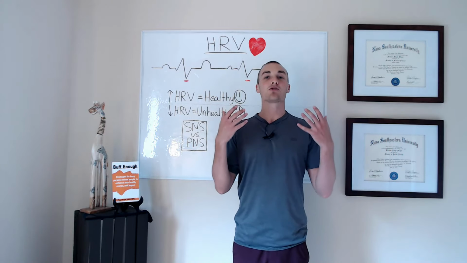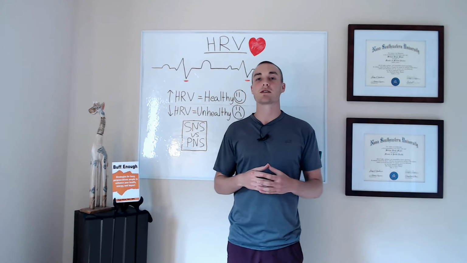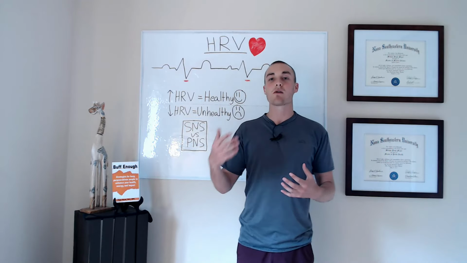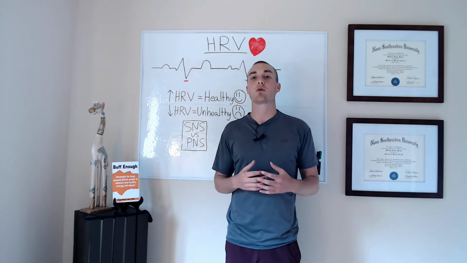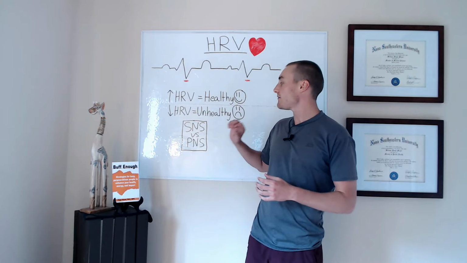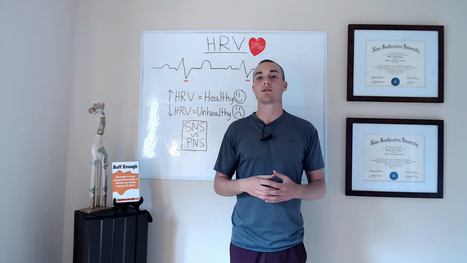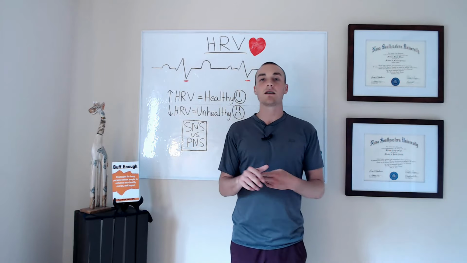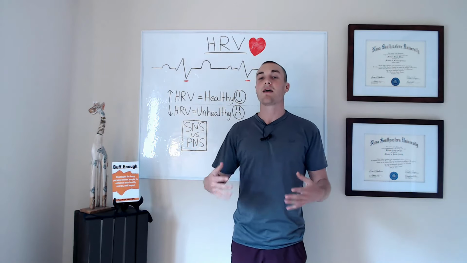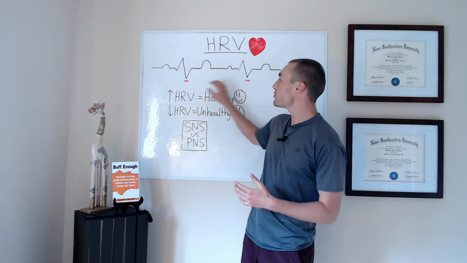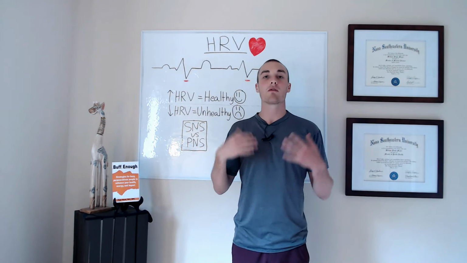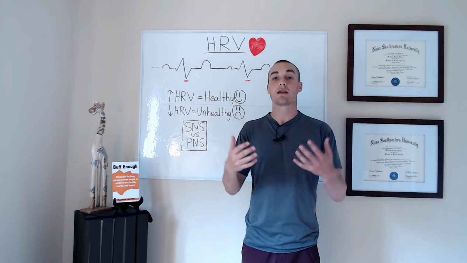These 2 parts of your autonomic nervous system control your heartbeat, and the stronger these parts are, the more variability in your heartbeats you're going to have. If you have a very robust autonomic nervous system because you're healthy, you're getting enough sleep, and you're not overstressed, then the interval between beats is going to be more variable and you're going to have more heart rate variability.